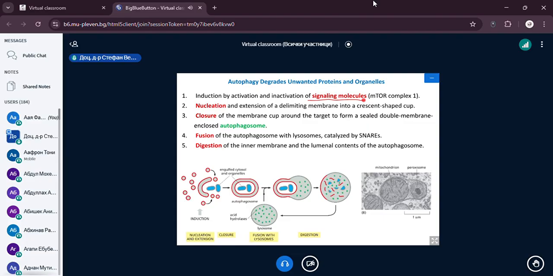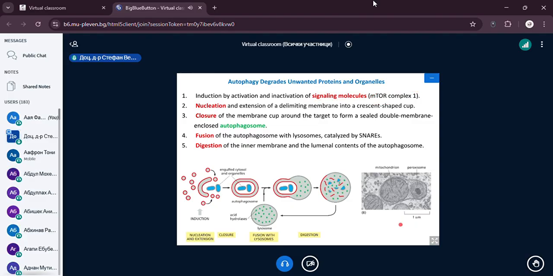And also, if the cell for some reason cannot recognize and direct these obsolete particles that are not needed anymore and degrade them, it becomes blocked and its function again suffers. And autophagy is a highly regulated process. The so-called mTOR complex 1 is the main participant in this process of regulation.